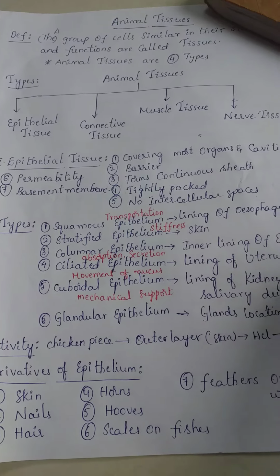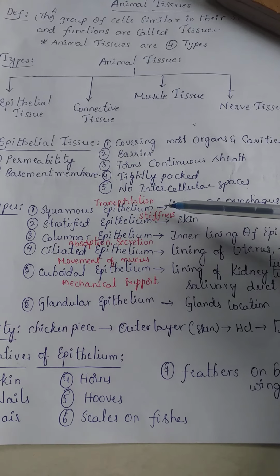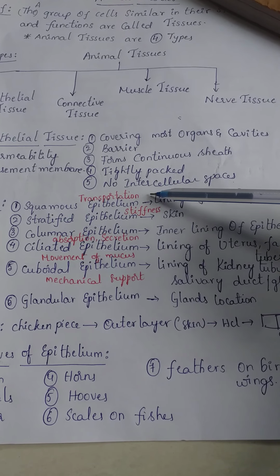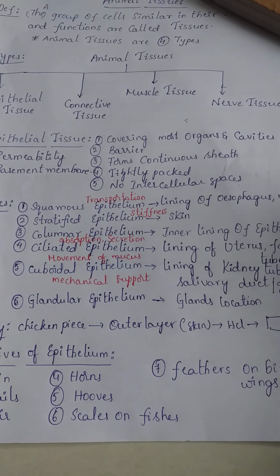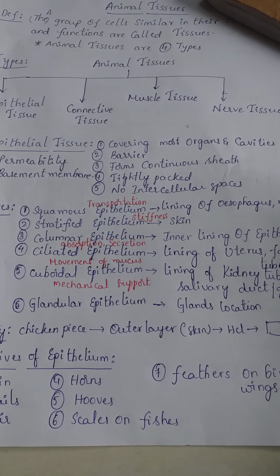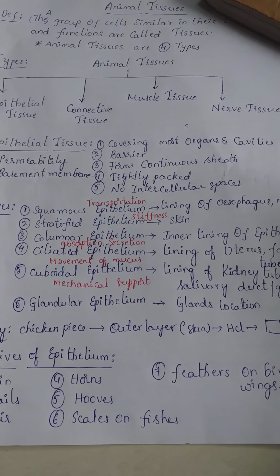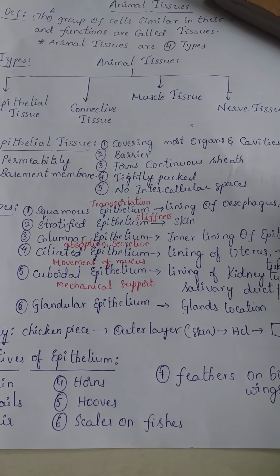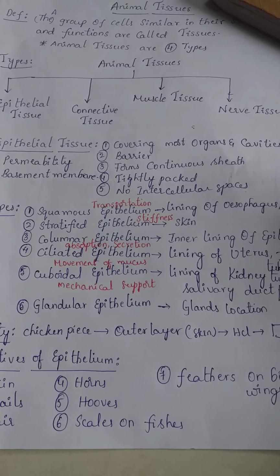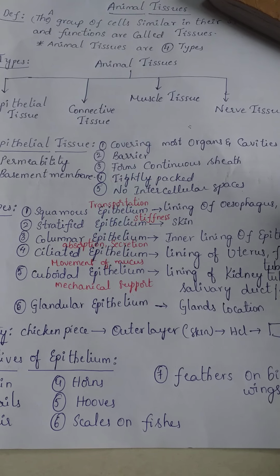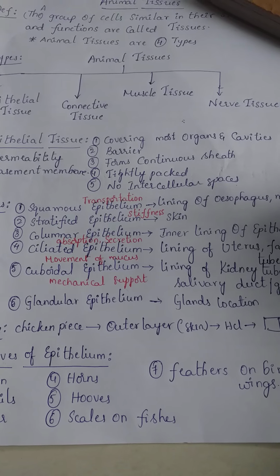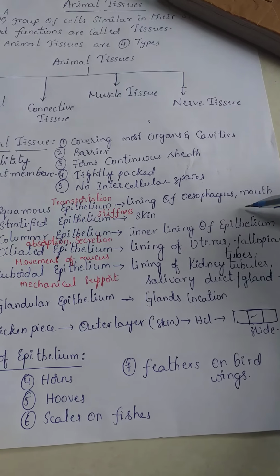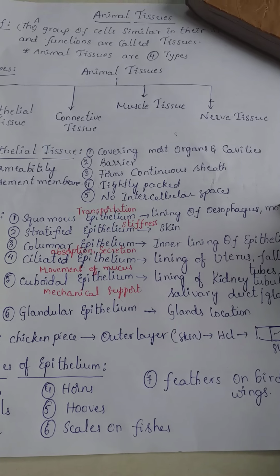In squamous epithelium, it performs the main function called transportation. It is a permeable surface and forms a simple, flat, thin layer. That's why we call this squamous epithelium. It contains thin and flat cells and forms a delicate lining, meaning a single layer. We can see this in the lining of the esophagus and the lining of the mouth.